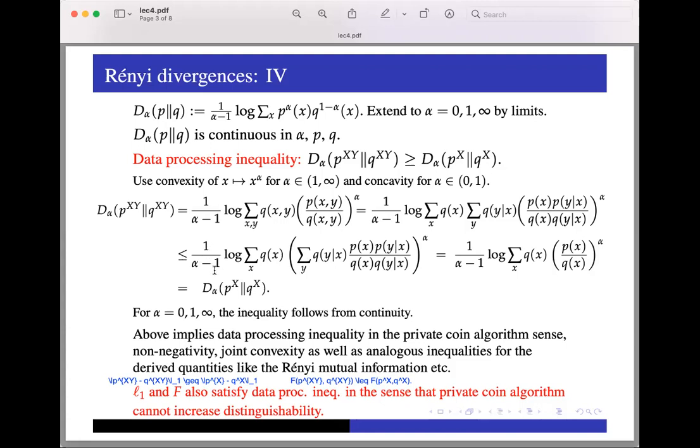That again reverses the inequality. So the long and short of it is that in both cases, alpha greater than 1 as well as alpha less than 1, I get the greater than or equal to inequality out here.